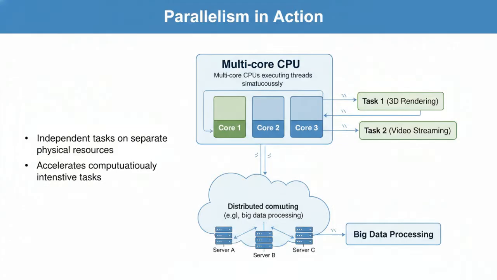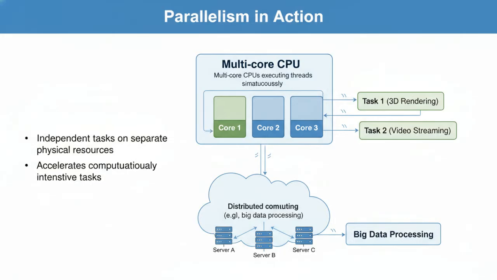Parallelism is prevalent in modern computing, largely thanks to multi-core processors. Your laptop or desktop computer likely has a CPU with multiple cores, allowing it to run different parts of a program or entirely different programs at the very same time. For instance, you could be rendering a 3D animation, compiling code, and streaming a video, all running across different cores.